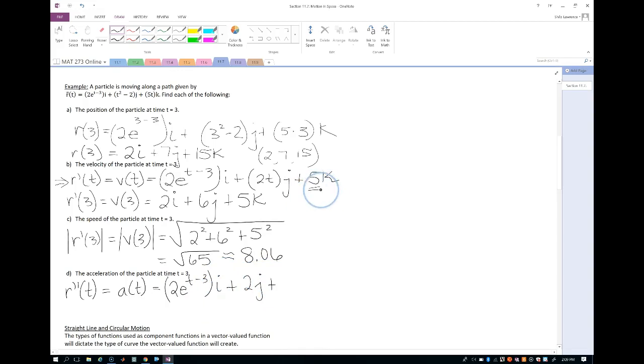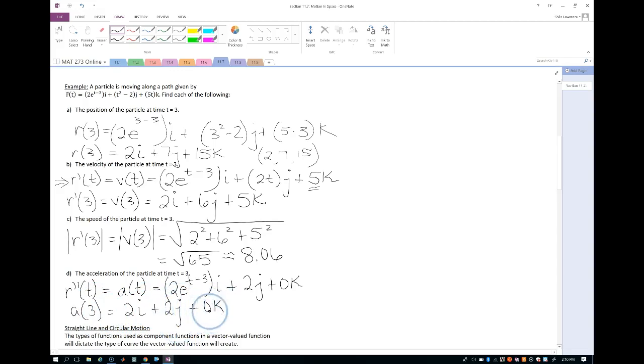And then in our velocity function, our k component is a constant, so its derivative is 0, which means our acceleration at time 3 is going to be 2i plus 2j plus 0k.